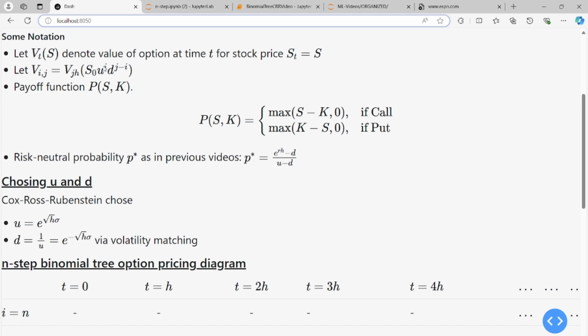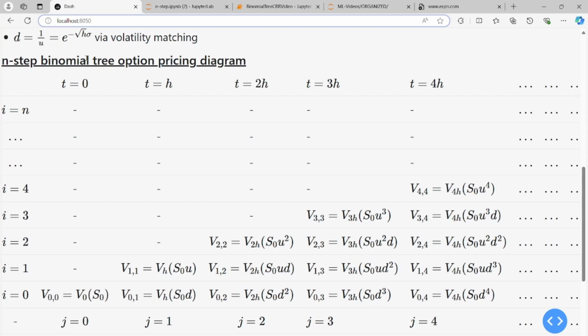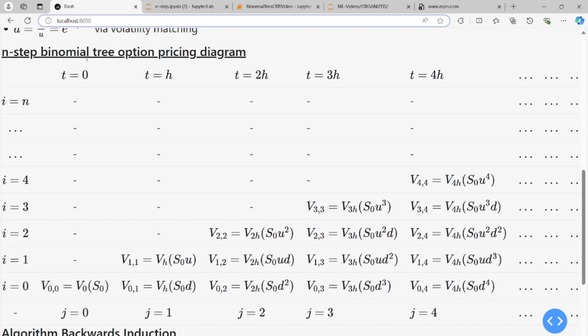It'll make a little more sense in a second. As in the previous video, we have the dynamics of the stock price. But we're not going to show it as a tree here; we're going to show it as a table, and that makes sense because this is how we're going to implement it in Python.